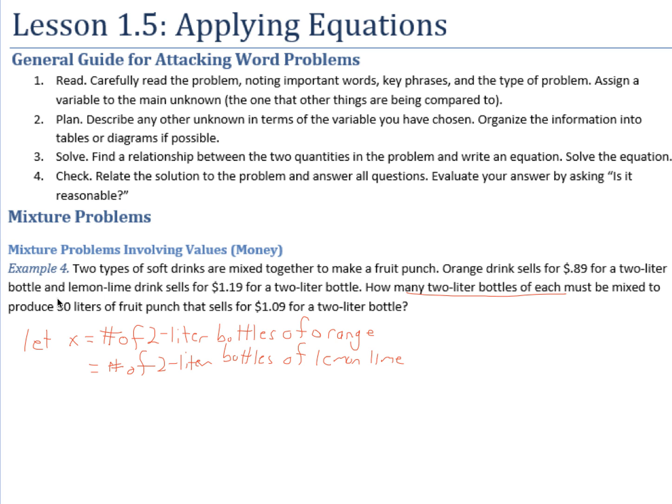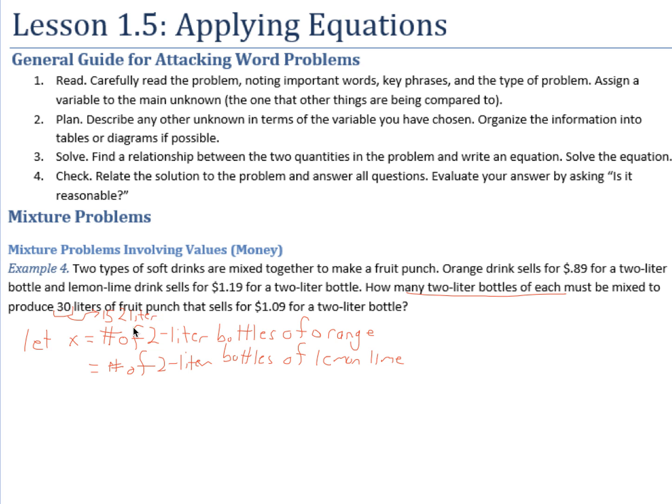But we have to be careful because it's 30 liters of fruit punch. If we're looking for 30 liters, but we're talking about 2-liter bottles, how many 2-liter bottles would this be? So this is the tricky part. This is just actually 15 2-liter bottles.